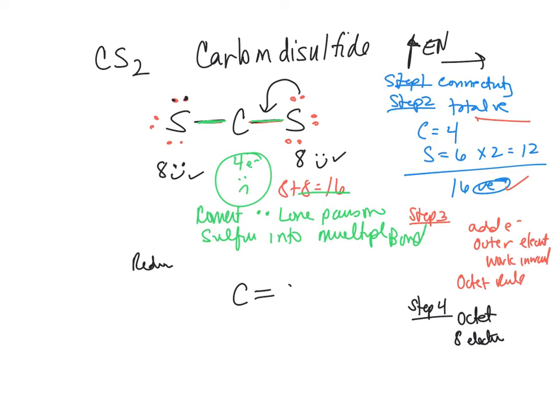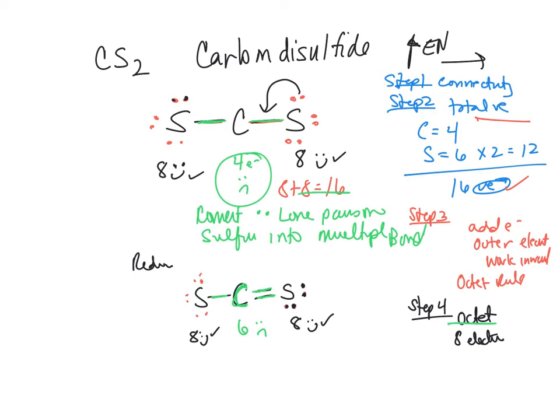So you do that, and then you still have these 2, and then you have sulfur here. Now you know this sulfur's still happy. This one's 1, 2, 3, 4, 5, 6, 7, 8. That one's happy. And what about carbon? Carbon has 1, 2, 3, 4, 5, 6. It's still unhappy. Okay, it needs an octet of 8.